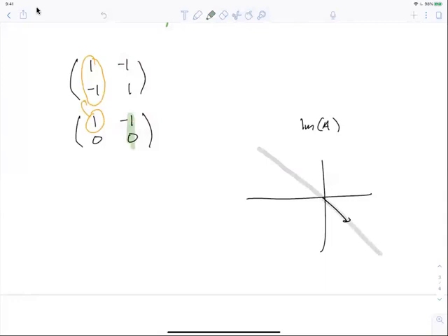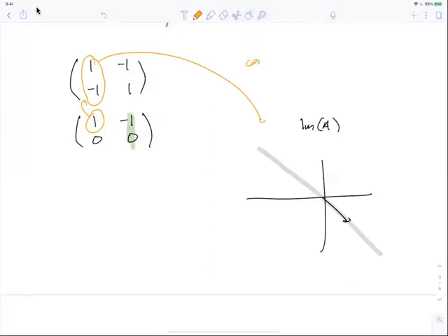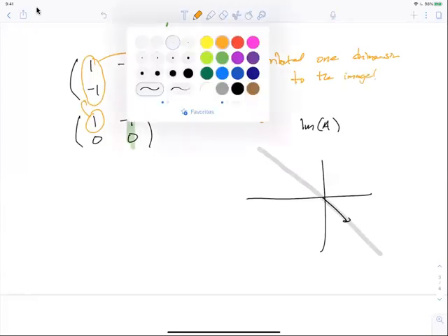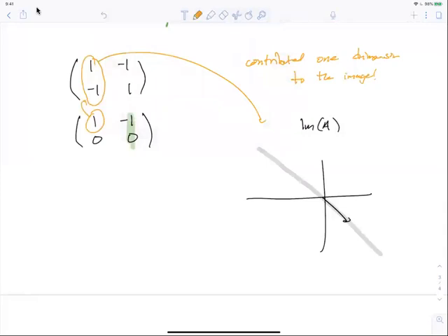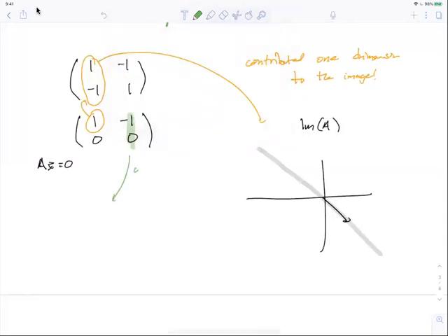And so this pivot position contributed 1 dimension to the image. In contrast, what does the missed pivot mean? The missed pivot means that if we solve AX equals 0, this missed pivot right here is going to tell us that we have 1 free variable.